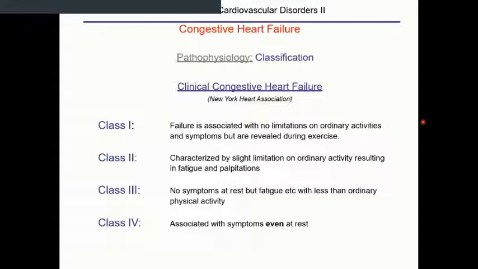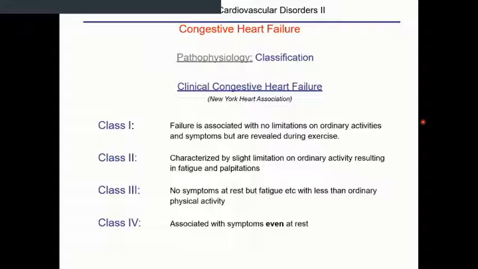Class 1 is associated with no limitations on ordinary activities and symptoms. Class 2 is characterized by slight limitation on ordinary activities resulting in fatigue or palpitation. Class 3, no symptoms at rest but fatigue, etc., with less than ordinary physical activity. And you have class 4 associated with symptoms even at rest.